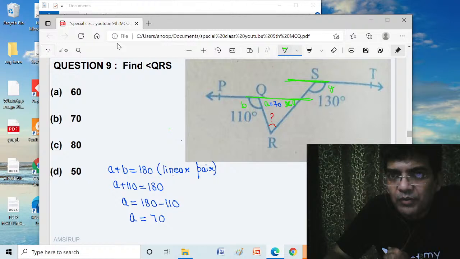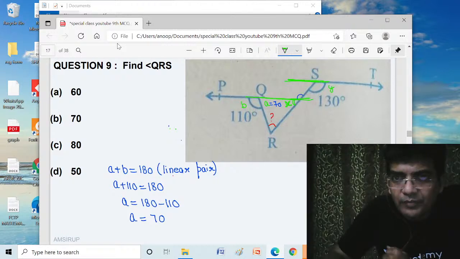Okay. So what I will do, I will mark one more angle over here and let it be marked as Z. Now I can create the relation between Y and Z. Y and Z, as you can see, they are the alternate angles.